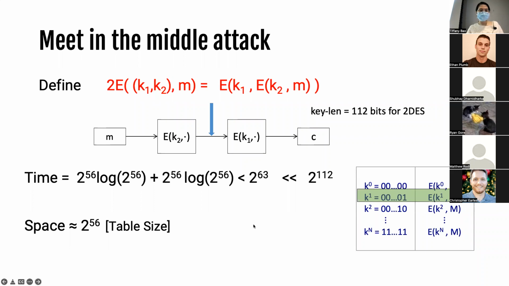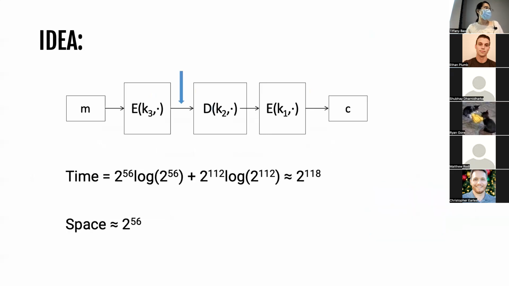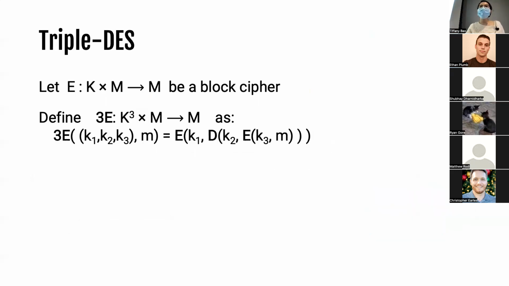Okay. And then given the fact that we know that 2DES won't work, it's still breakable, right? Then can we do something else? It's natural: if 2 times doesn't work, let's do 3 times, okay?